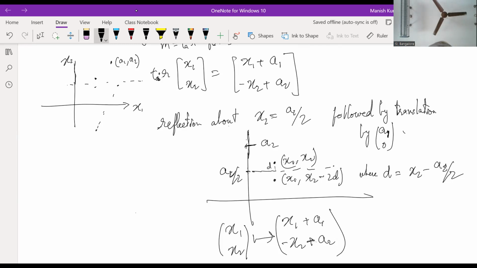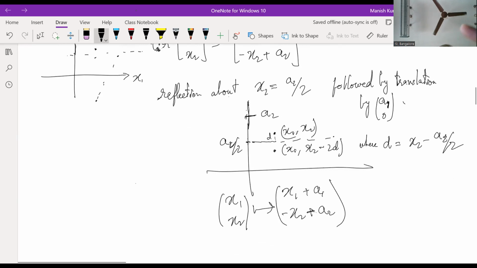So d is basically this difference, x2 minus a2 over 2. Is that okay? So that is what reflection about the line looks like. So it will go here, and then you add a1, 0 to that vector.